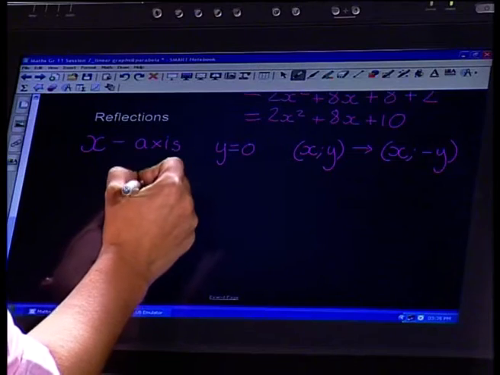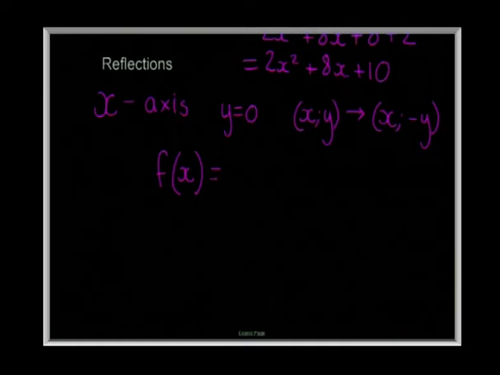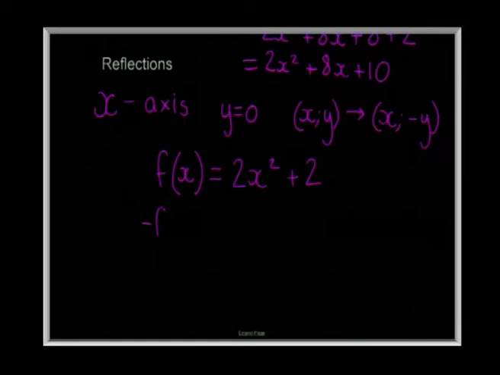Let's work with that same function. So we started with f of x is equal to 2x squared plus 2, and we're changing all of the y's to a negative, so we're reflecting about the x-axis. We put a negative in front, and we leave it as 2x squared plus 2.